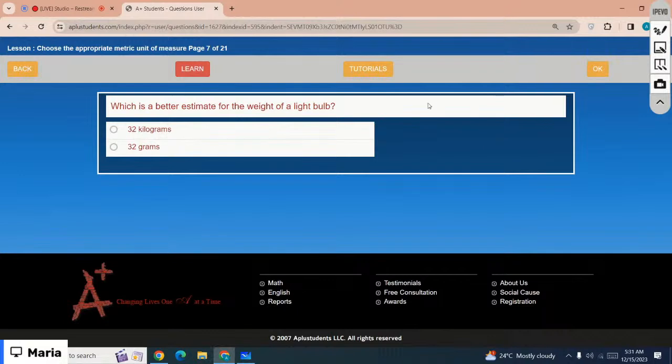That is 32 grams, right? Because that is just a bulb. So 32 kilograms is more than enough.